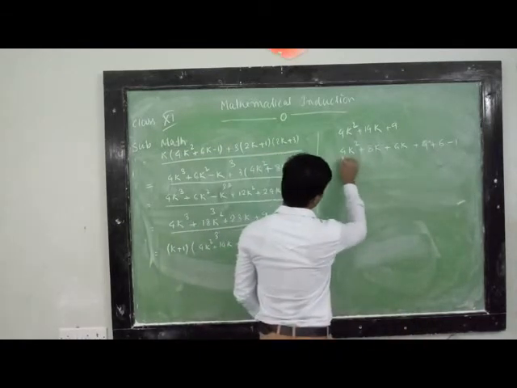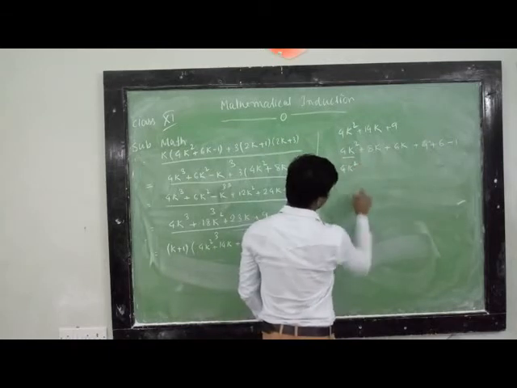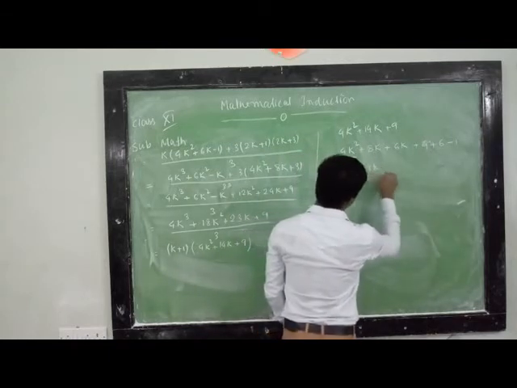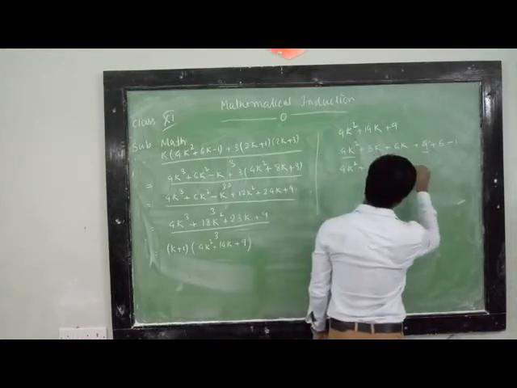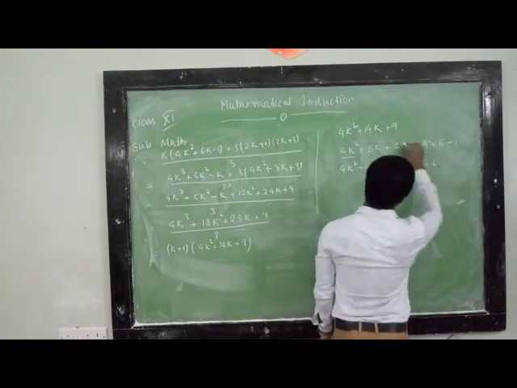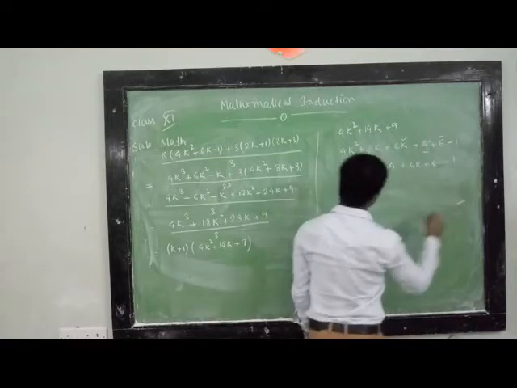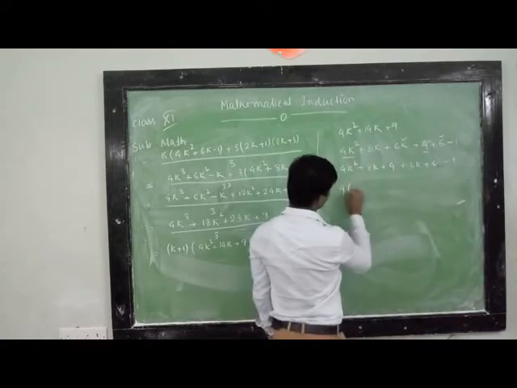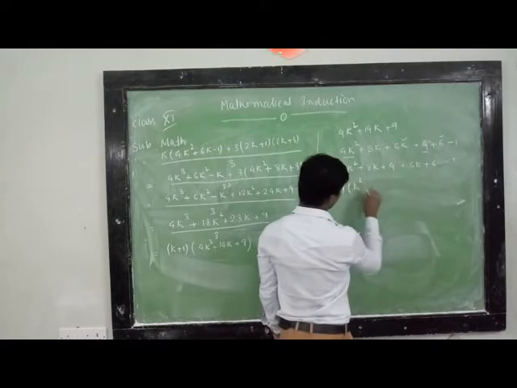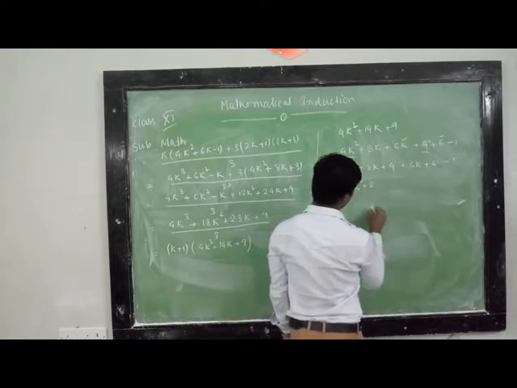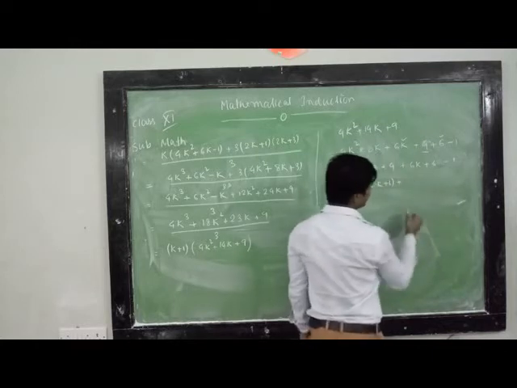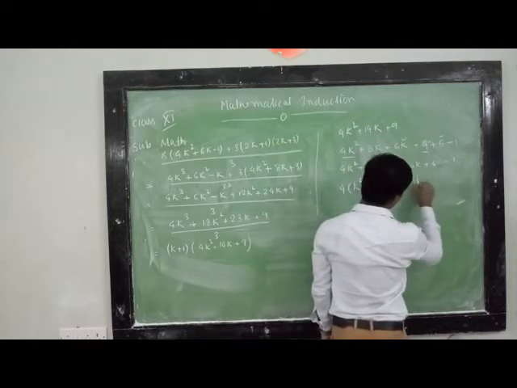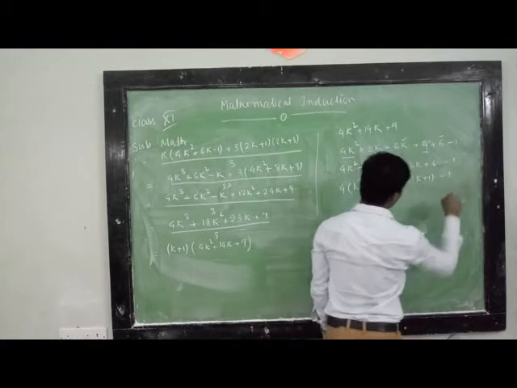Now 4k square plus 8k and this 4 together, and 6k and 6, and this minus 1 is here. If I take 4 common from the first 3 terms, it will be k square plus 2k plus 1, and from the next 2 terms take 6 common, so k plus 1 and minus 1.